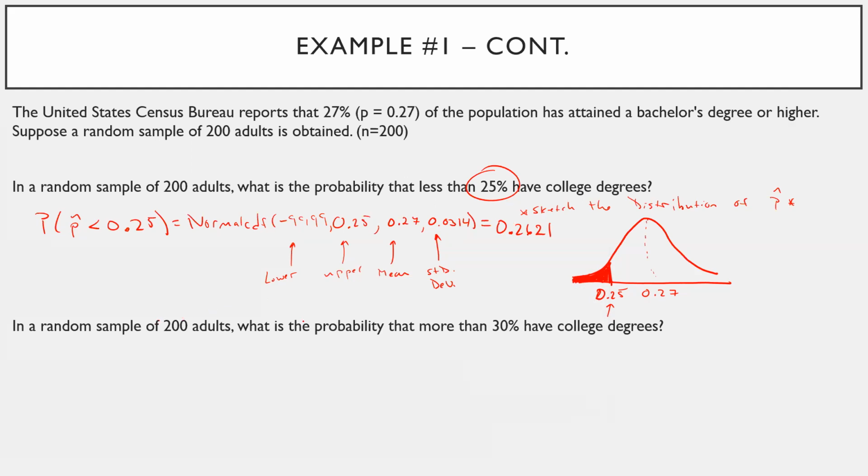So in a random sample of 200 adults, what's the probability that more than 30% have a college degree? So it's the probability that your p hat is more than 0.30. So it's normally distributed. So I want to be greater than 0.30.